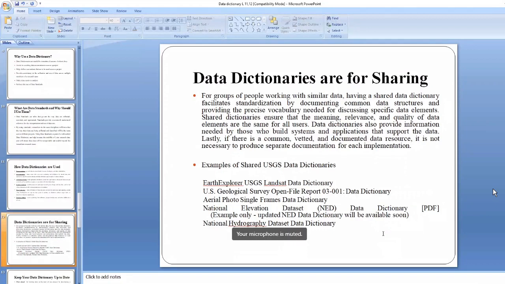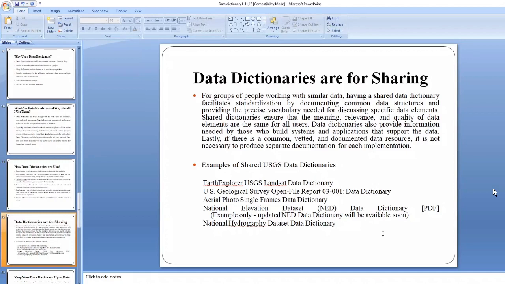So thus data dictionaries are being defined or designed. For a group of people working with similar data, having shared data dictionaries, those people or organizations who are working on the same module can share these data dictionaries so that they can share information about a particular object or a topic.